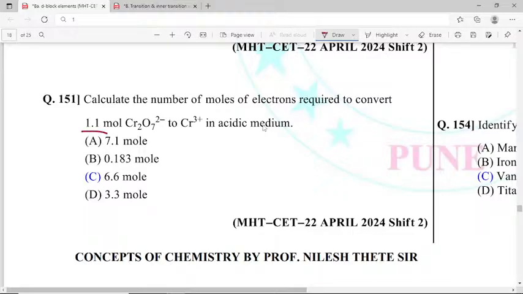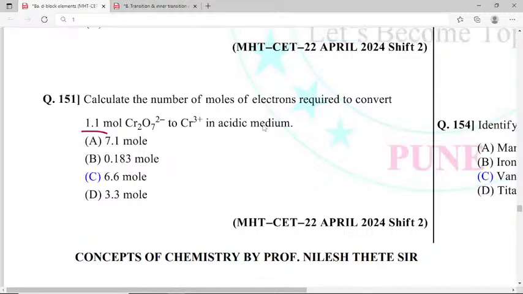Next, calculate the number of moles of electrons required to convert 1.1 mole of chromium. What is the oxidation state of the chromium here? It goes from plus 6 to plus 3, so 3 electrons per chromium, or for Cr2O7 2- to Cr3+, 6 electrons.